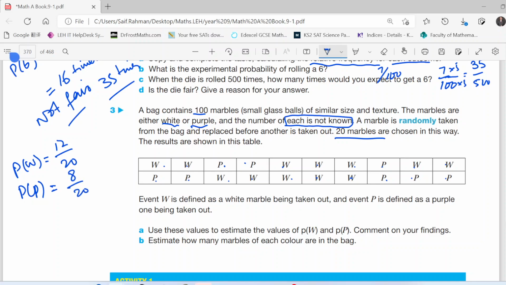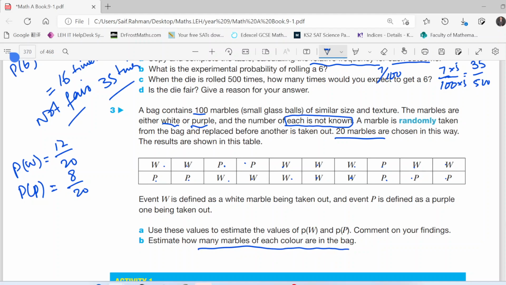So 8 out of 20 is the probability of purple. Let W be defined as a white marble and P as purple, so use these values to estimate the probability of white and the probability of purple. Comment on your findings. Estimate how many marbles of each color are in the bag.